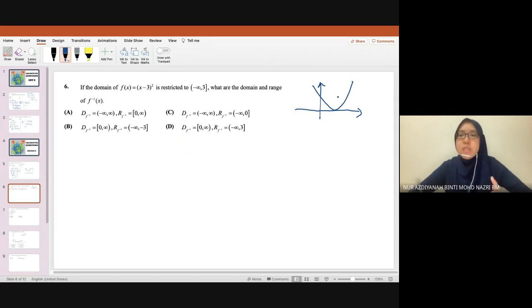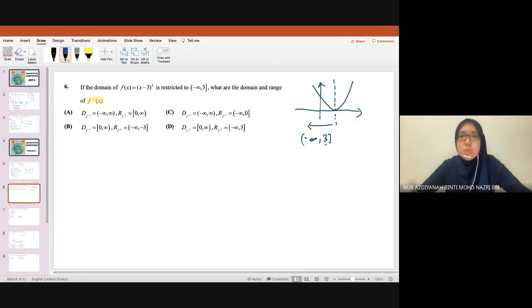So kita mesti buat restriction, dia mesti separuh lah, at the minimum or maximum point, barulah dia akan jadi one to one function. Baru dia akan ada inverse. So yang dia bagi kat kita sekarang ni adalah daripada negative infinity until 3. That is the domain. So dia ambil yang the left side.